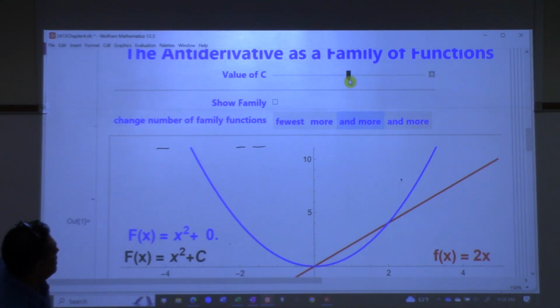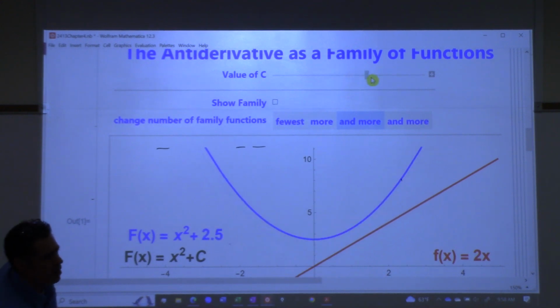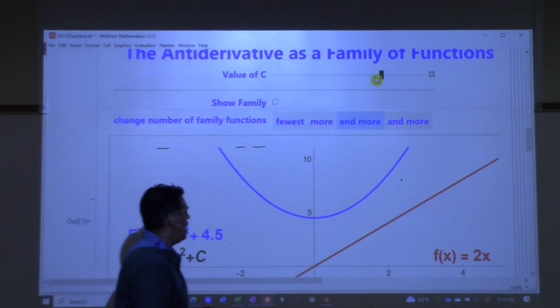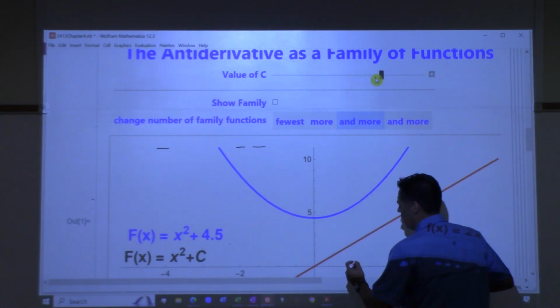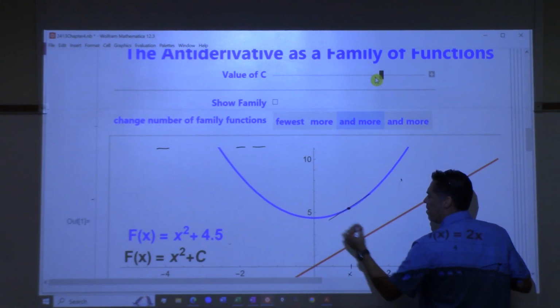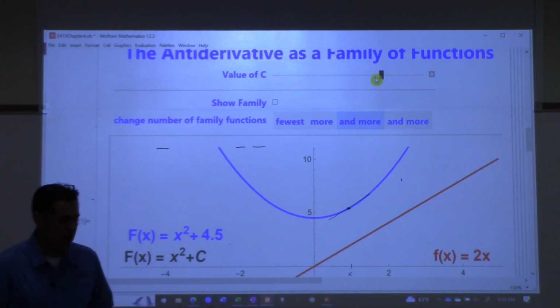If I move that up, plus a number, or minus a number, all it does is moves that parabola up and down, right? But no matter where it's placed, if I were to take the slope of the tangent line, go somewhere, here, go here. Do you agree that the slope of that tangent line does not change if I move it up or down, right?